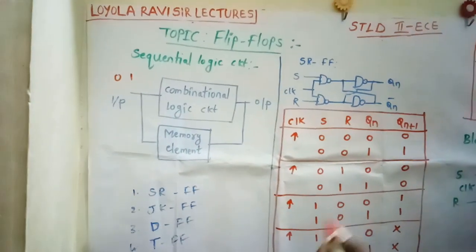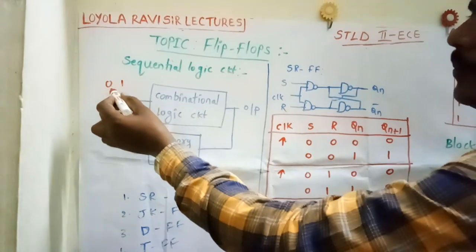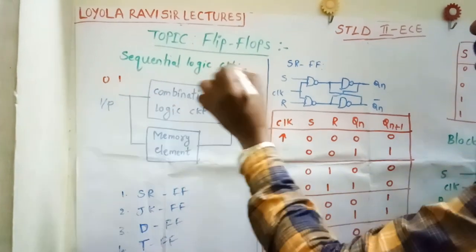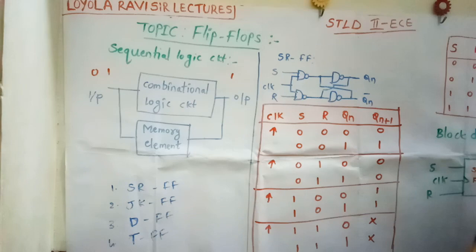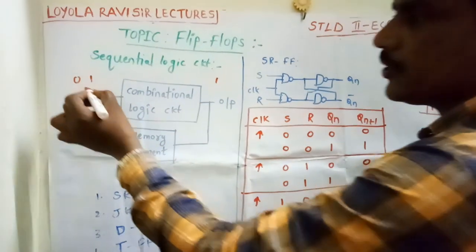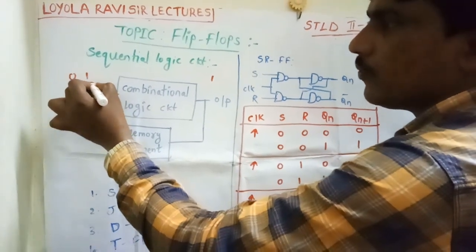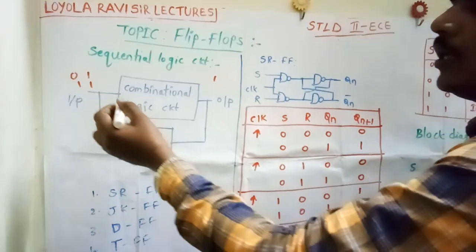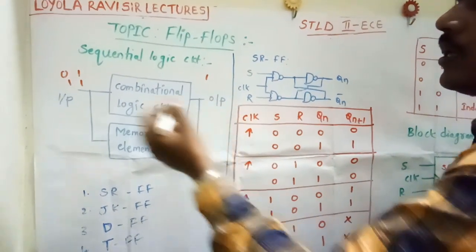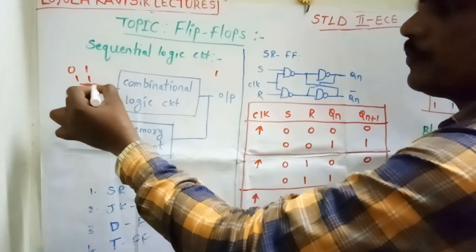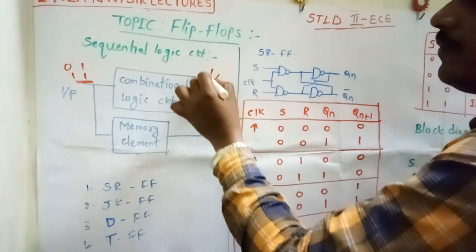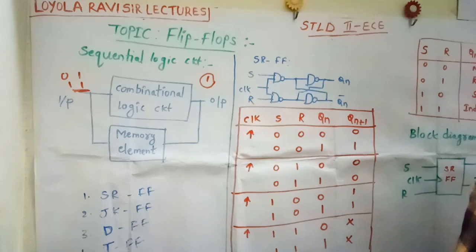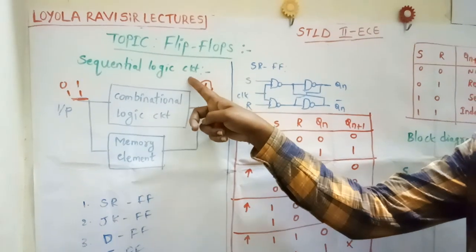I am performing one operation in which my input combinations are 0, 1 and my output is, for example, 1. Now I want to perform another operation, where my inputs are 1, 1. For this operation, the output depends on the combination of these two inputs as well as the previous output. That is nothing but a sequential logic circuit.